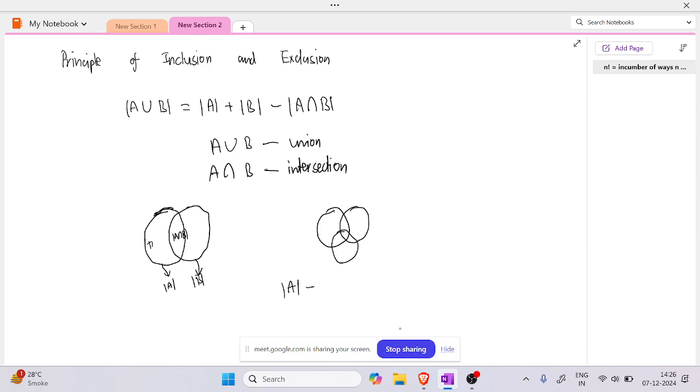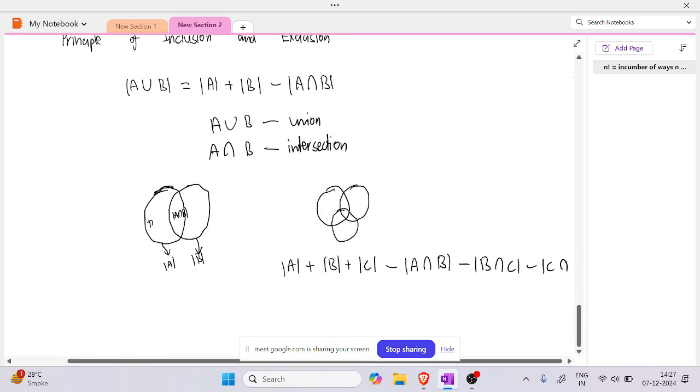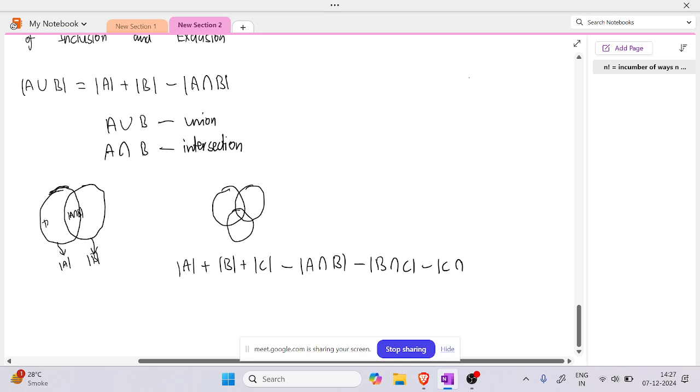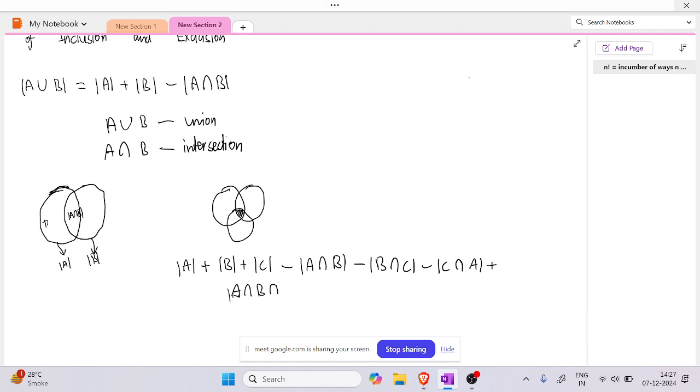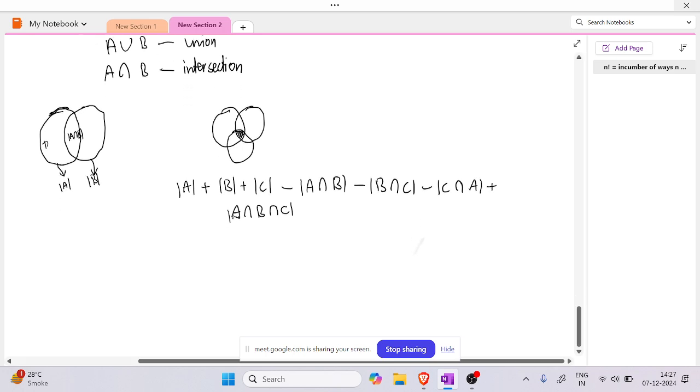You count the inner region thrice when it should only be counted once, so you subtract B intersection C, C intersection A. But now the problem is that you added this small region three times in A plus B plus C, but you also subtracted it three times when it should actually be there exactly once. So you also need to add it back in. So A intersection B intersection C, you add the small region back in.